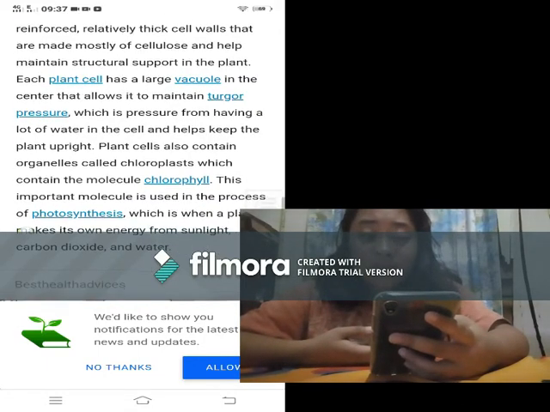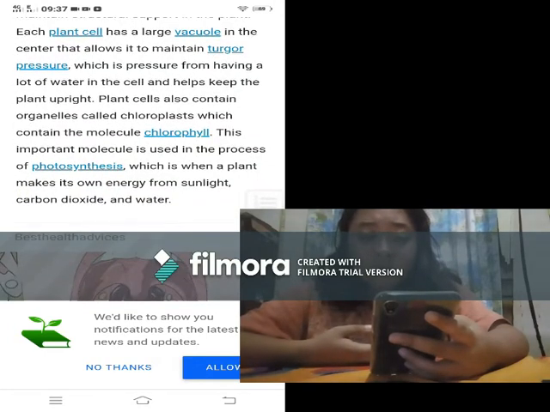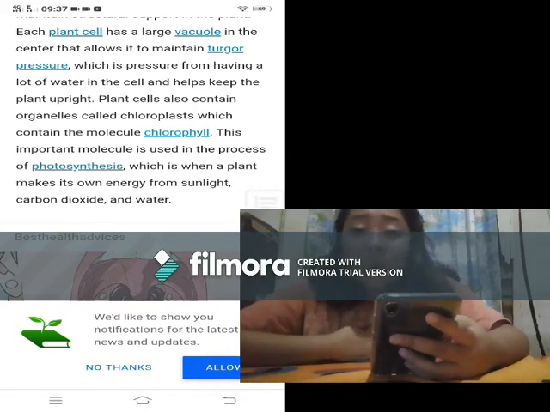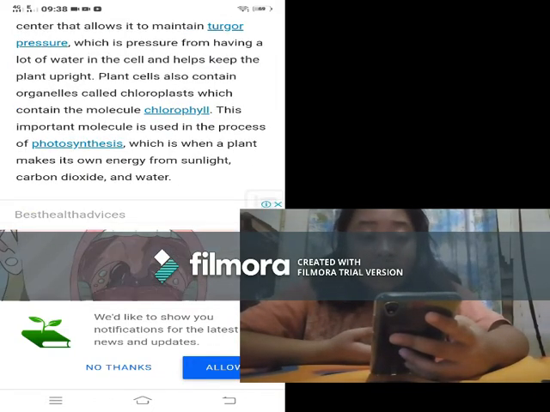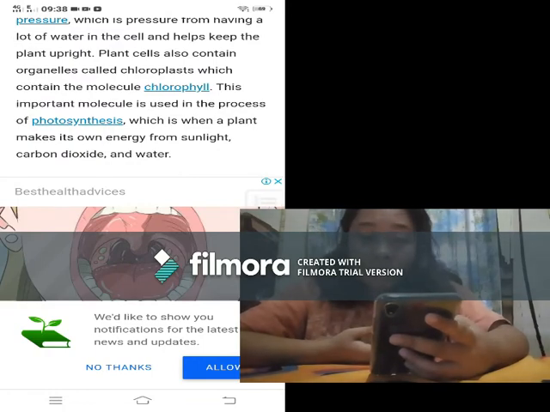Plant cells also contain organelles called chloroplasts, which contain the molecule chlorophyll. This important molecule is used in the process of photosynthesis, which is when a plant makes its own energy from sunlight, carbon dioxide, and water.